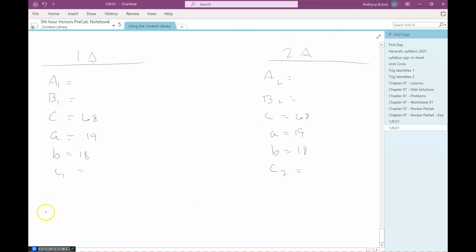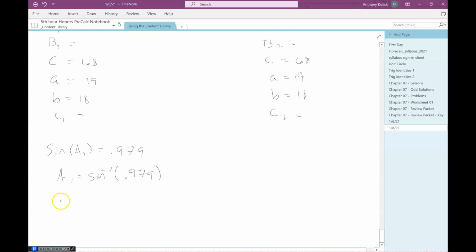So I'll start by finding angle A in the first triangle. So I know that sine of A1 is about 0.979. So I'll just take the sine inverse of both sides. That comes out to be about 78.152.